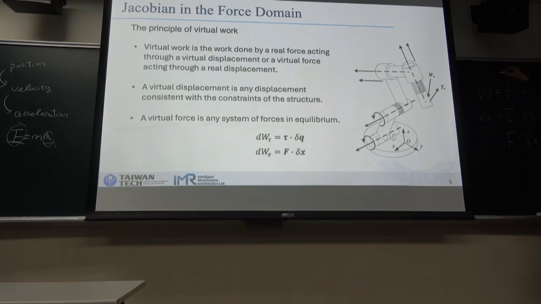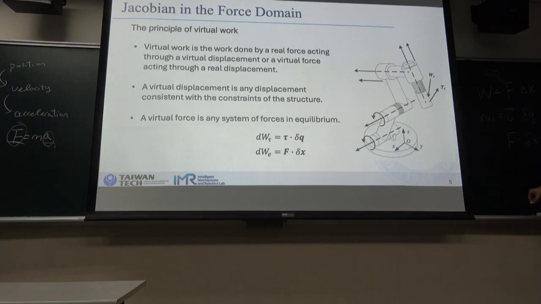So if this is a joint, if we apply a torque on the joint, it will produce a very tiny angular displacement. So if we multiply the torque with the angular displacement, we can get the work done by the torque. So we can call this the work done by the torque.